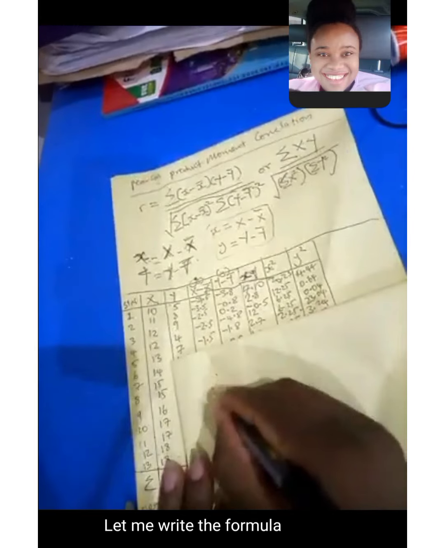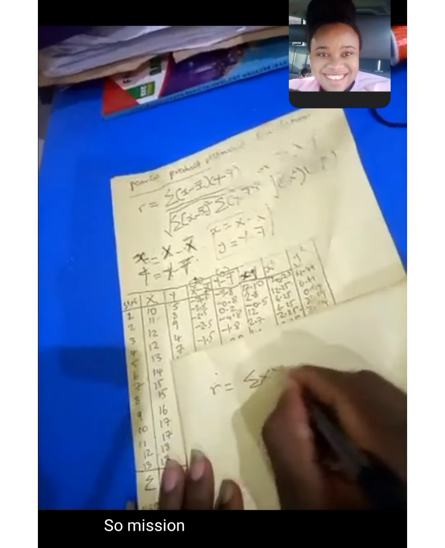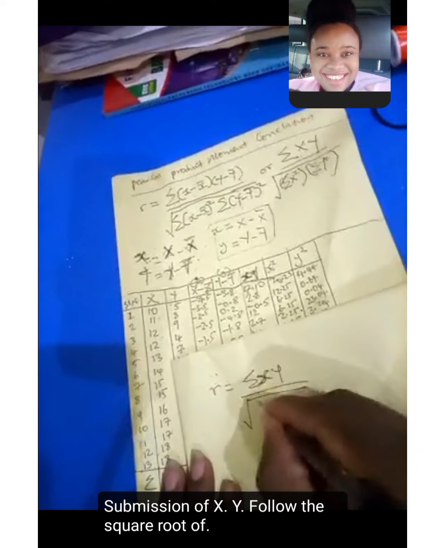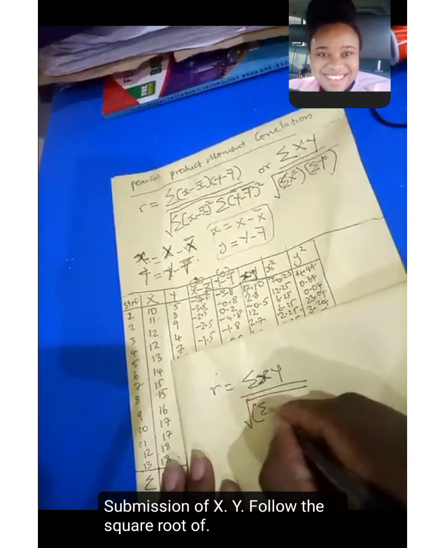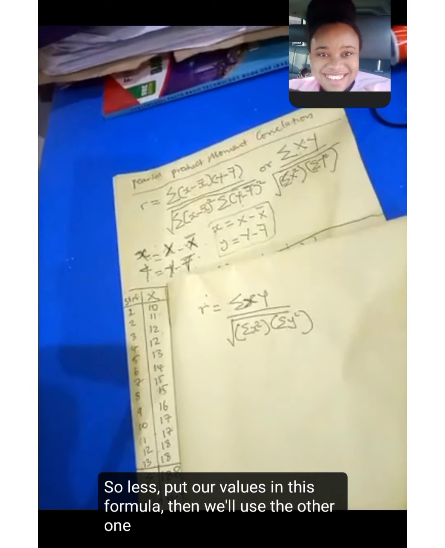So R is equal to the summation of xy all over the square root of the summation of x squared times the summation of y squared. Let's put our values in this formula, then we'll use the other one, and I'll show you the difference in the formula.